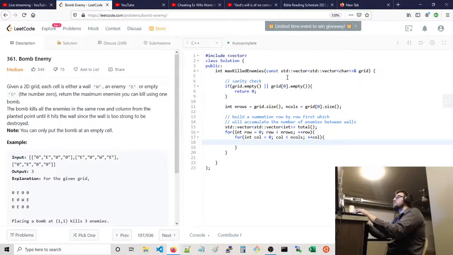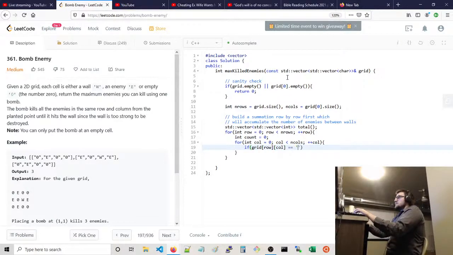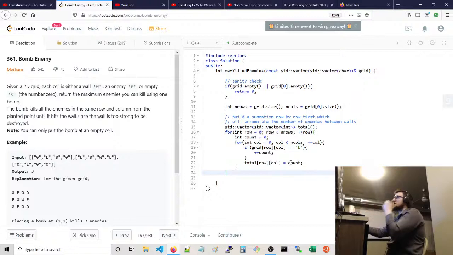So, what we're going to do is say you have an int for each row, count starts off at 0. If grid of row column is equal to an enemy, then we're going to increment the count, and write to our total row column count. The number of rows, and these are going to be vectors of integers of the number of columns, initially 0.